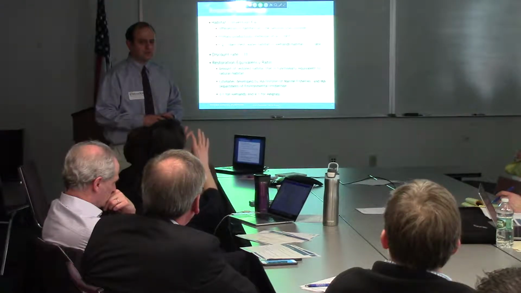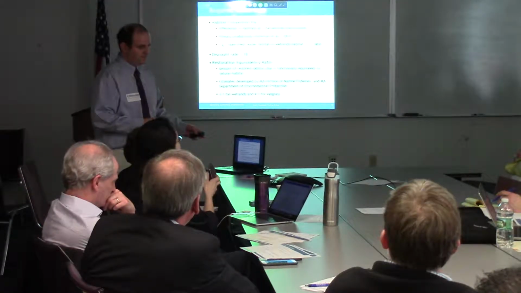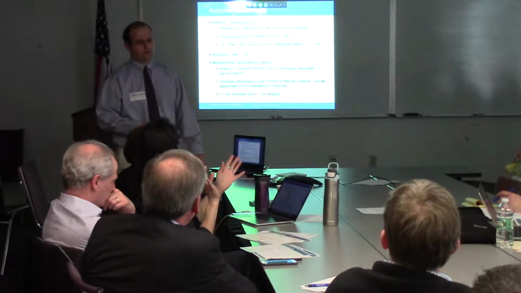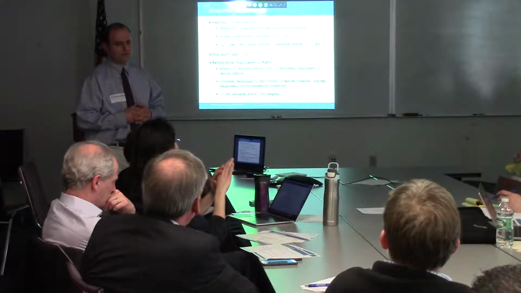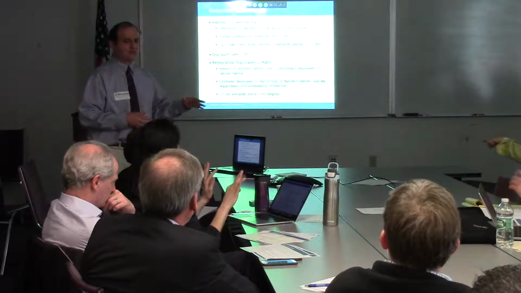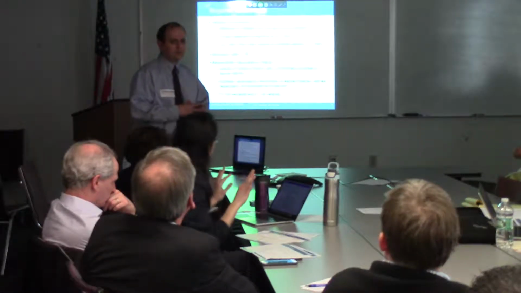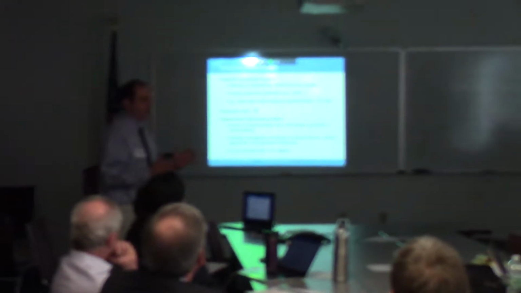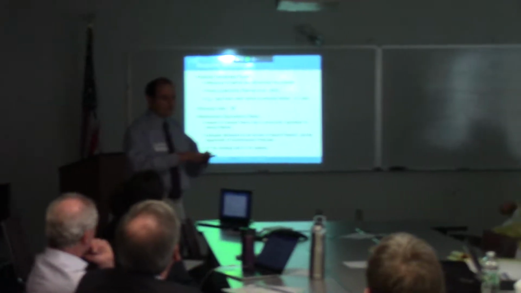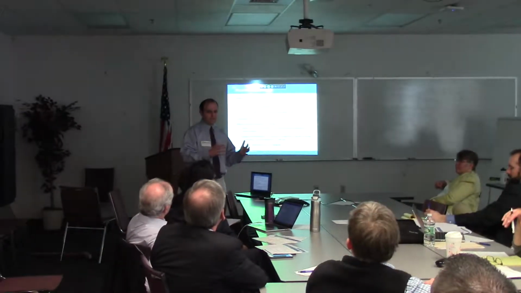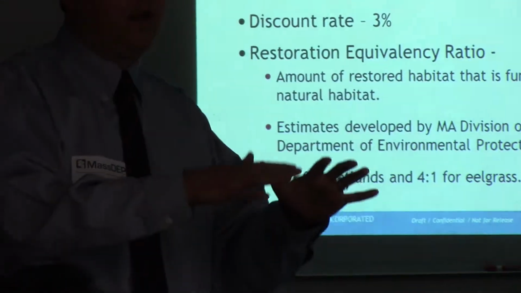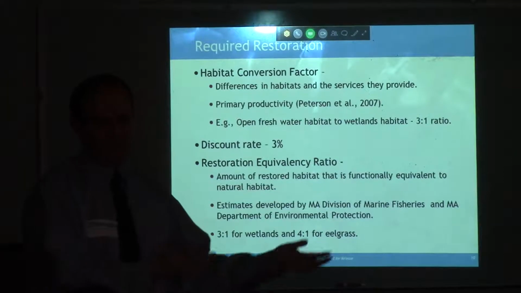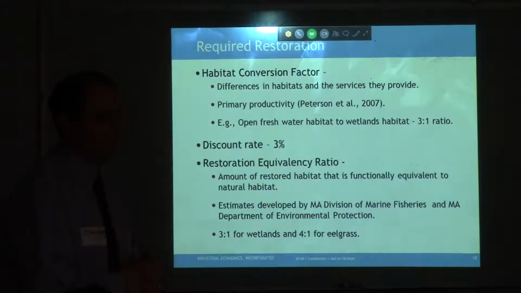You're talking about how you determine the dollars to charge, and what you do with the money is a separate bucket. Yes, and I'll talk about that in my next presentation. So this is all part of the valuation stage of the natural resource damage assessment. After there is a settlement, or court case for that matter, the dollars will then be implemented in restoration through a different process.